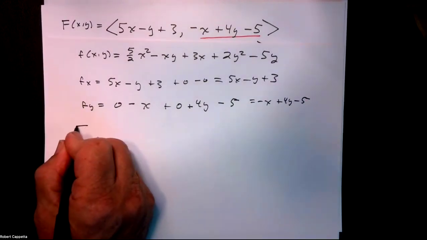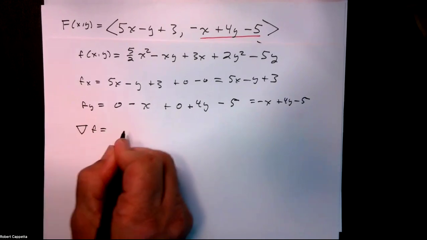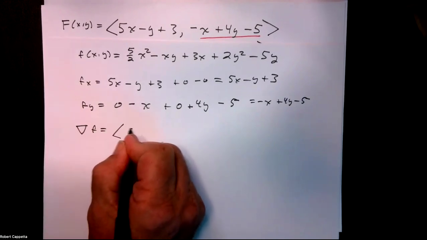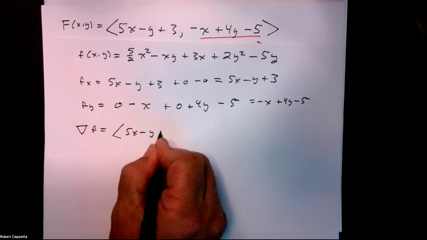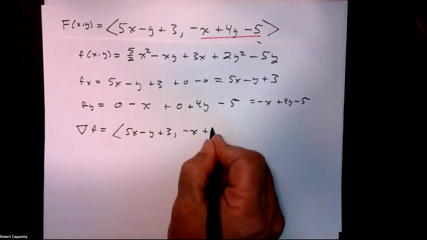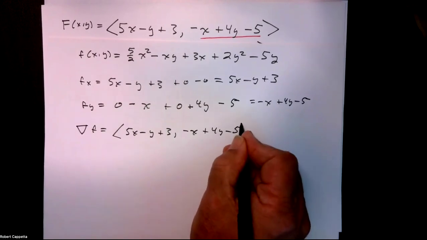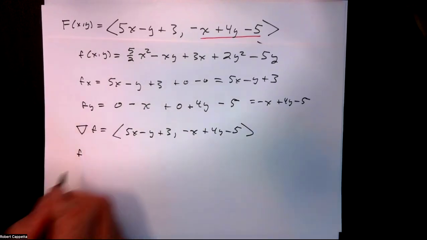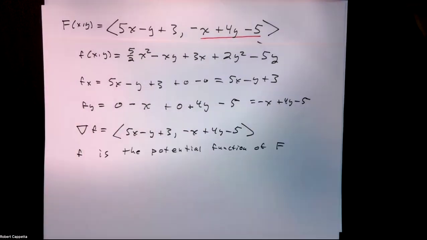So our gradient of f is indeed, as expected, 5x minus y plus 3 and negative x plus 4y minus 5. So f is the potential function of capital F.